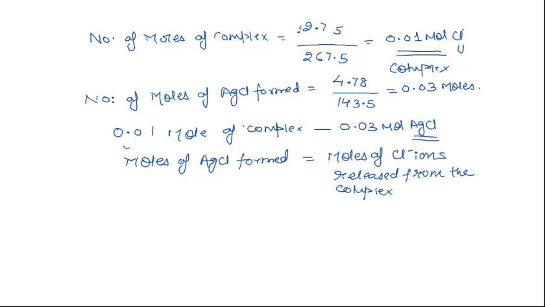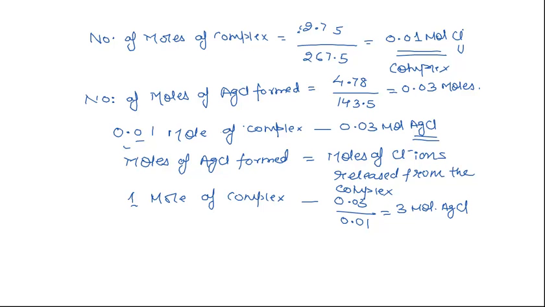Right? Now, so if 0.01 mole of complex is giving 0.03 mole of AgCl, so 1 mole of complex will give how many moles of AgCl? 0.03 divided by 0.01. So it is giving 3 moles AgCl.